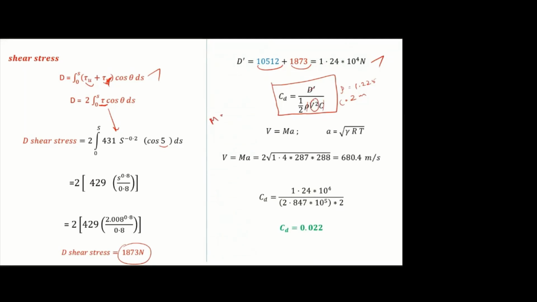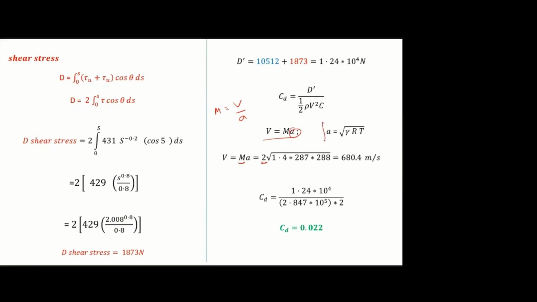But what is given is Mach number 2, and we know the relation between Mach number and velocity. Mach number is equal to v by a. If we need v, rearrange, it will be M into a. The Mach number we know is 2, and a is the speed of sound. You studied this formula in thermodynamics: a is equal to root of gamma RT, the speed of sound equation.